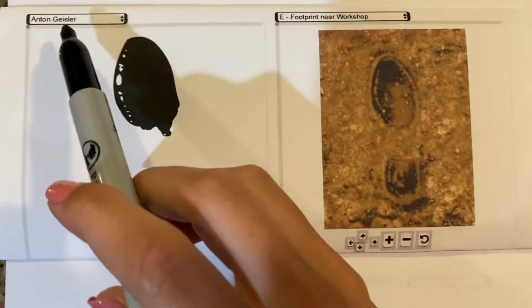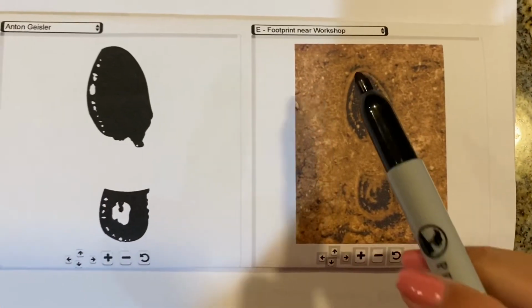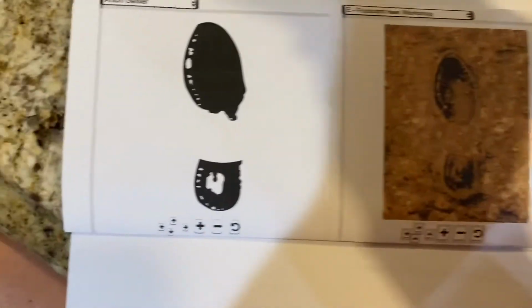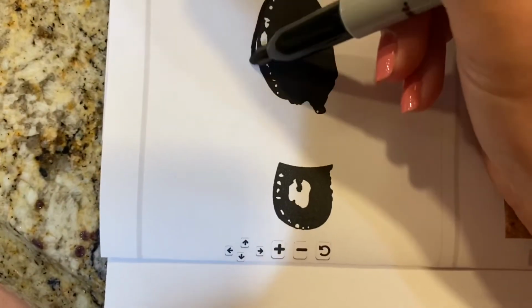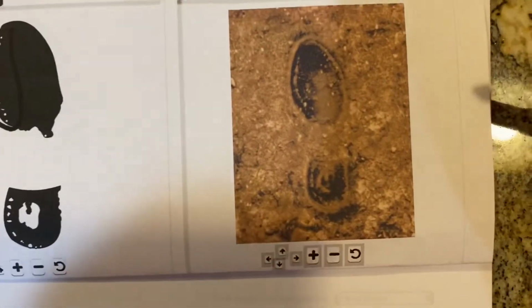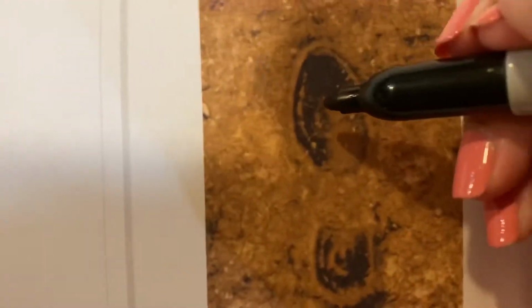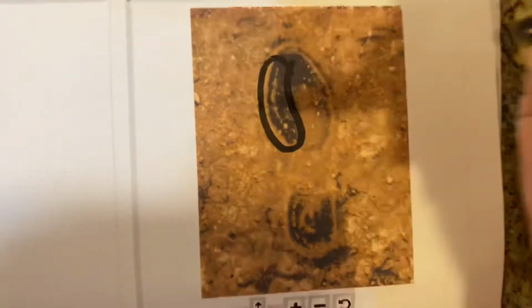Here we are looking at Anton Geisler's footprint, comparing it to the evidence of the footprint found near the workshop. Starting with Anton's footprint, we can see that we have a pattern starting here. And if we look at the evidence found near the workshop, we can see that same pattern throughout this part of the footprint found.